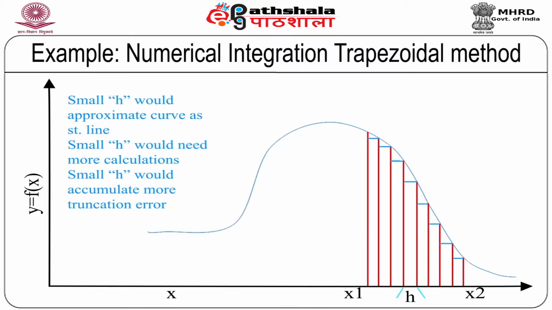We can approximately find out the area under this small part. So what is the area? Area is the area of the rectangle and the area of this triangle. Although this region is curved, since these two points are not far from each other, we can consider this as a straight line.